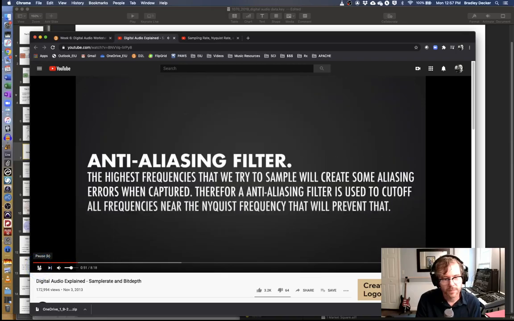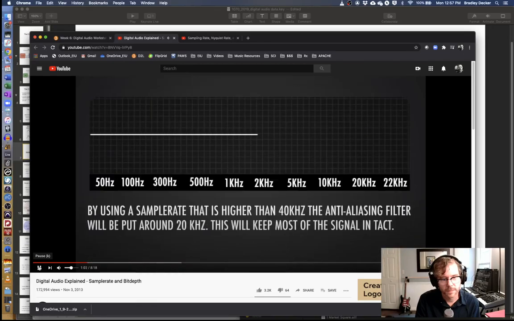The highest frequencies that we're sampling can cause some aliasing errors and other problems, and thus these can't be properly captured. We'll need to filter off the highest frequencies with a low-pass filter, and this is the reason we'll need a higher sampling rate than 40 kilohertz to properly capture a 20 kilohertz frequency. Keep in mind that the cutoff frequency of the filter is around 20 kilohertz, so we don't lose too much of the original signal.